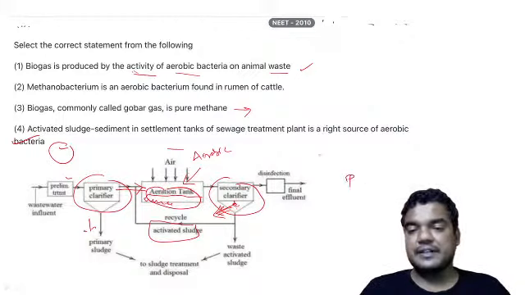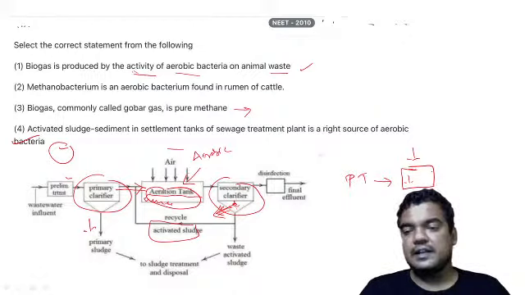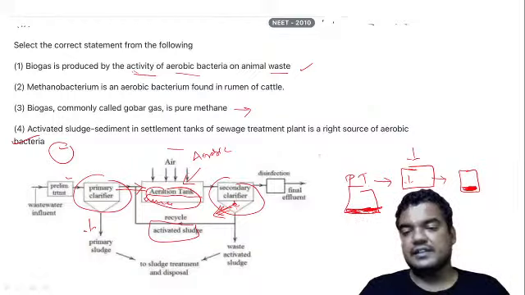So here we have a primary tank, and from the primary tank the effluent is transferred into the aeration tank. In the aeration tank, because air is available, the aerobic microbes use the organic matter and grow. After that, the water from the aeration tank is transferred into the secondary clarifiers or settlement tanks, where the microbes settle down. Like in primary clarifiers, we have seen the formation of sludge with solid substances, which is called primary sludge.